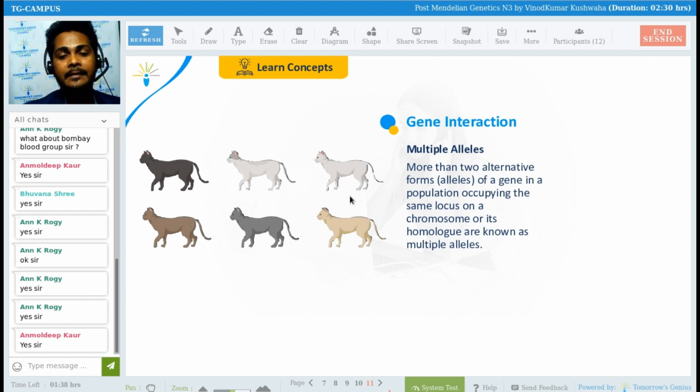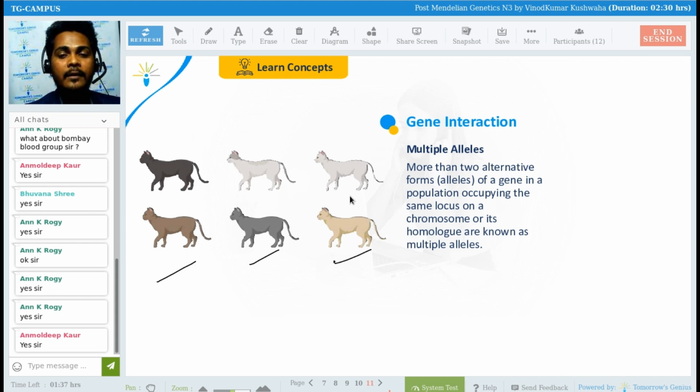Suppose I take the one gene which is responsible for the coat of the cat. So you can see here that more than two alternate forms, or we can say more alleles, control the same characteristic of the trait. Like we can say coat color is one characteristic. So you can see the coat color of the cat comes in different versions. Can you see here? So that means one particular gene is responsible for these coat color variations.